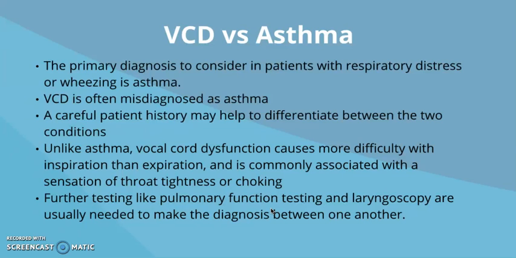Unlike asthma, vocal cord dysfunction causes more difficulty with inspiration rather than expiration, and is commonly associated with a sensation of throat tightness or choking, versus with asthma, it's commonly associated with a sensation of tightness in the chest. Further testing like pulmonary function testing and laryngoscopy are usually needed to make the diagnosis between one another.